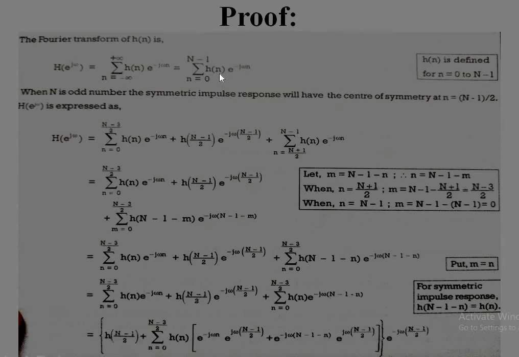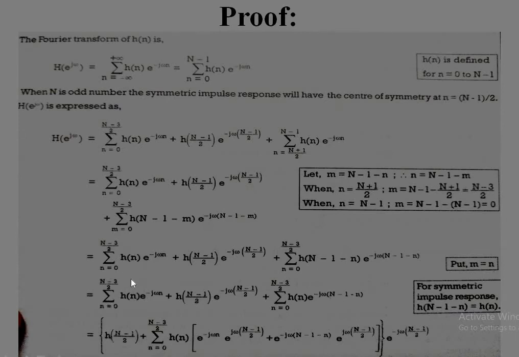As we have already said, with respect to the symmetry, generally h of n is equal to h of n minus 1 minus n. We have already seen this in the previous lecture. For symmetric impulse responses, h of n minus 1 minus n is equal to h of n.